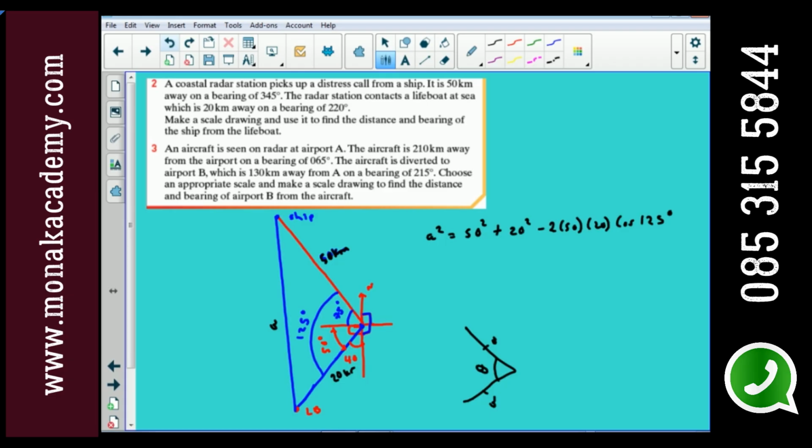The easiest way to know: it must be a non-right angle triangle, and the two given sides must be the ones forming the given angle. So that's how you know I need to use cosine rule.